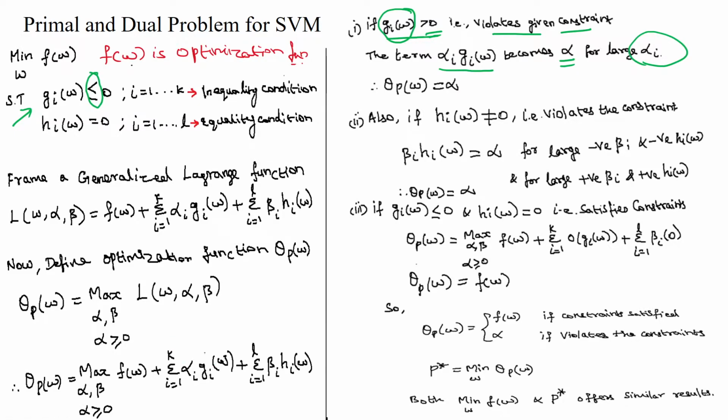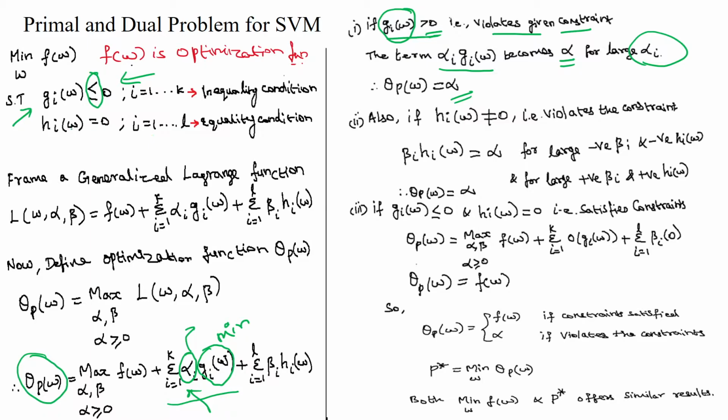As per the condition, gi of w is always less than or equal to 0, so it will be a minimum value. When this entire value gets large as you increase alpha, automatically you will get the maximized value. So alpha is determining the maximization of theta. That is the meaning here.